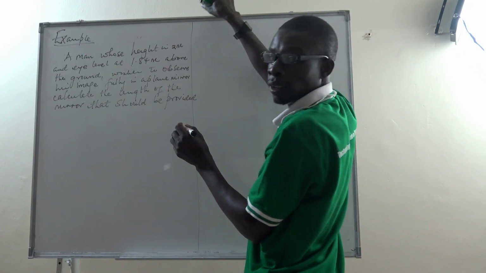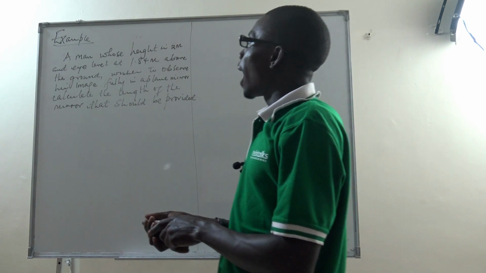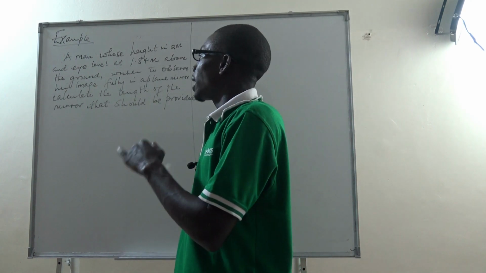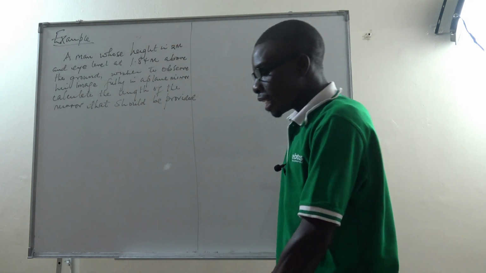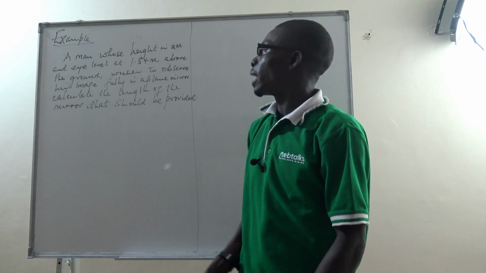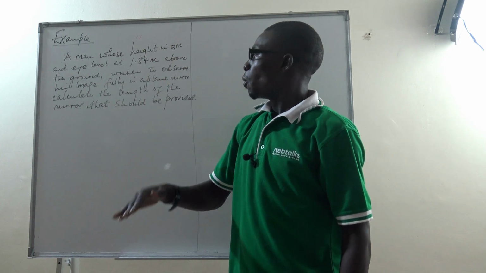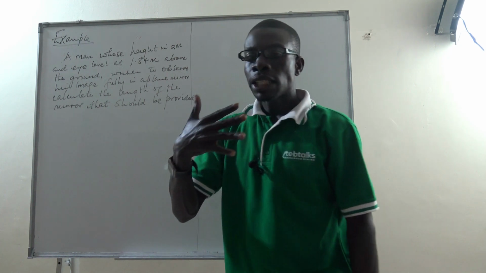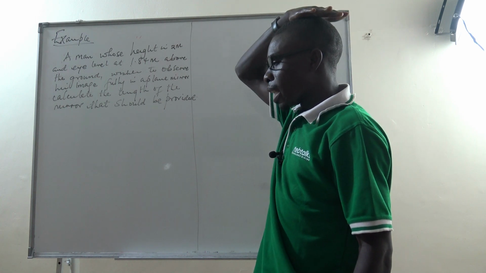Is that okay? So we are having an example here that there is a man of height 2 meters. He is 2 meters tall, and the level of his eye, measured from the ground, is at 1.84 meters above the ground. And this very guy here wishes to stand in front of a mirror, and he wants to see the whole of himself, that is to say, from the head down to the toe.